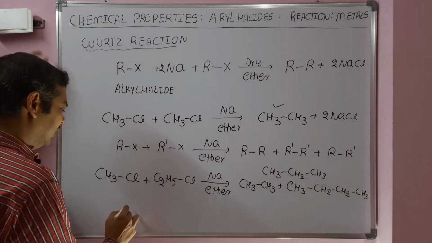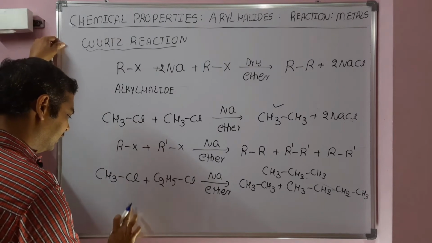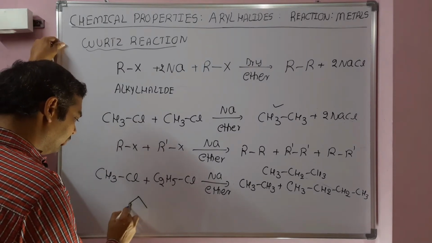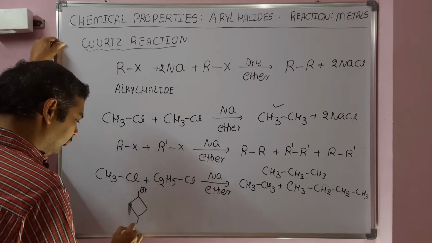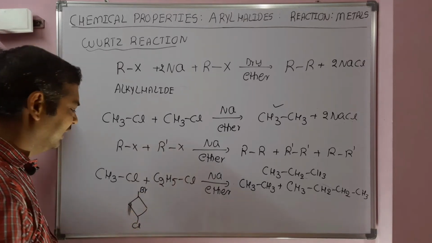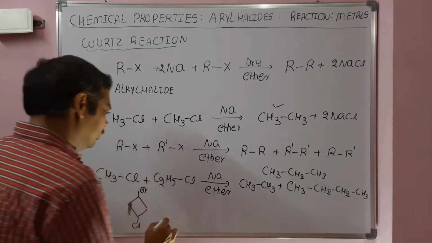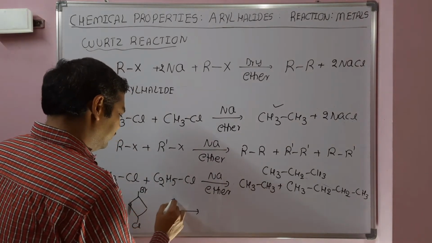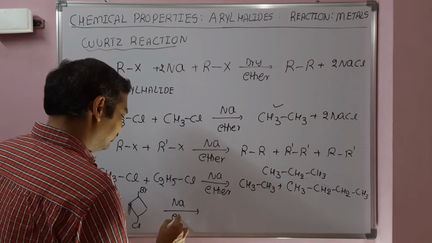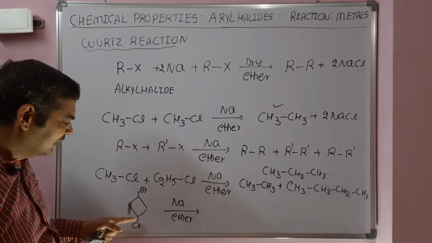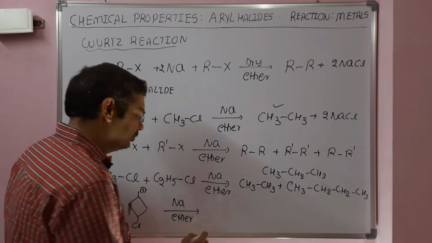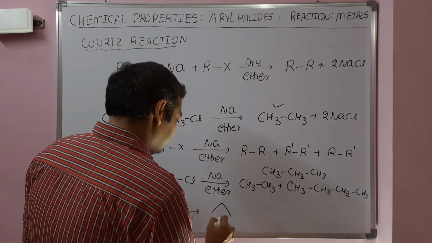The last reaction is a little interesting. Write the product obtained. 1,3-chlorobromocyclobutane reacts with sodium in ether. Will this compound undergo the Wurtz reaction? Yes. This is an alkyl halide, and it will undergo the Wurtz reaction to give this compound.